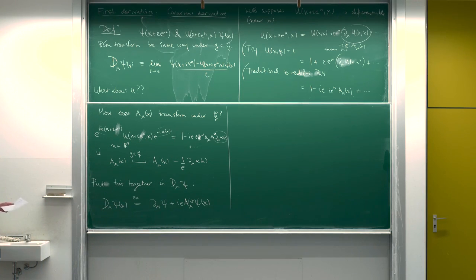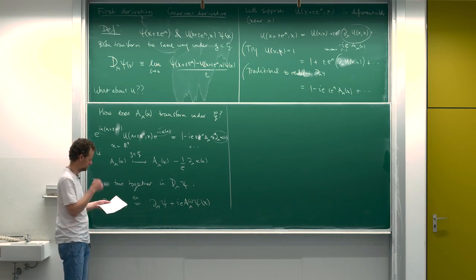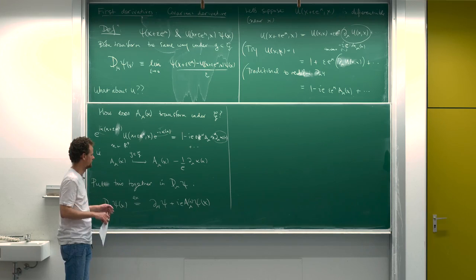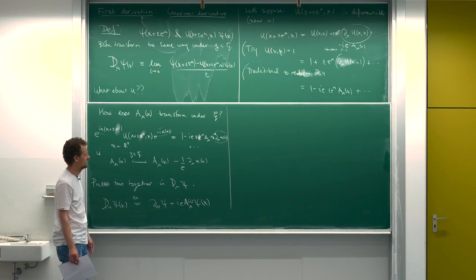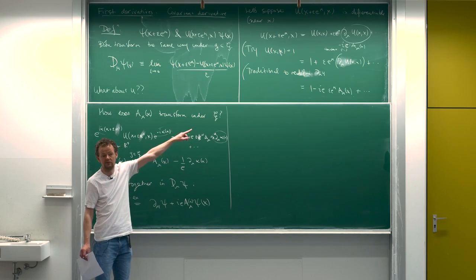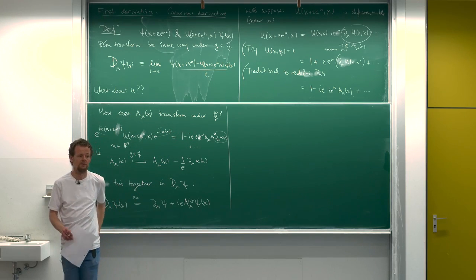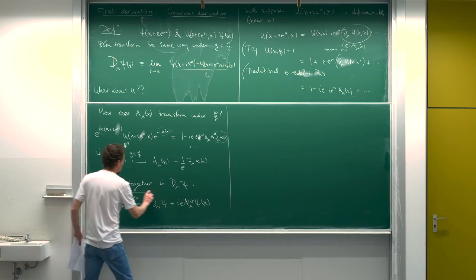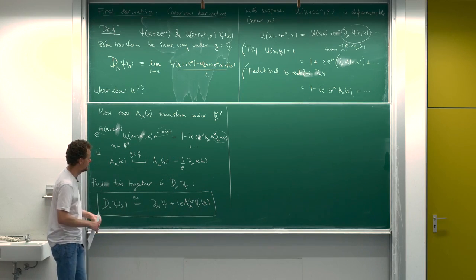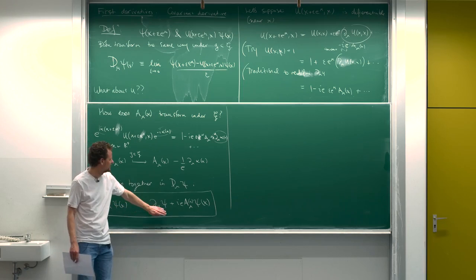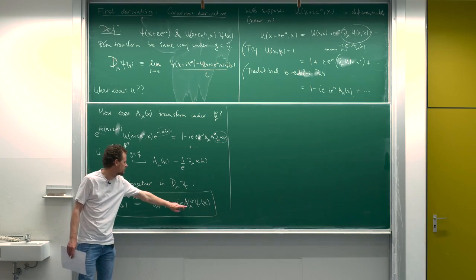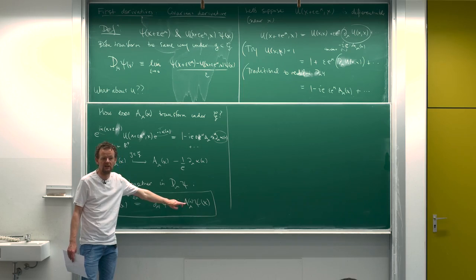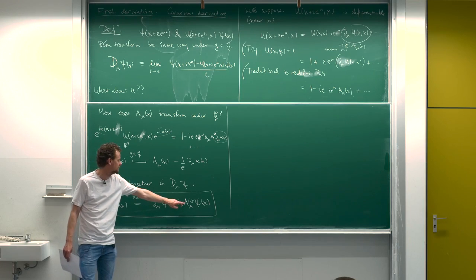So it's an exercise in just substituting in that Taylor series into that formula there. So it's very straightforward. This is our definition for the covariant derivative. It's just the normal derivative plus this additional term that depends on this extra data A mu, which depends on x.